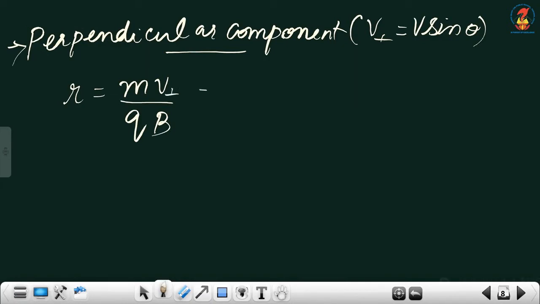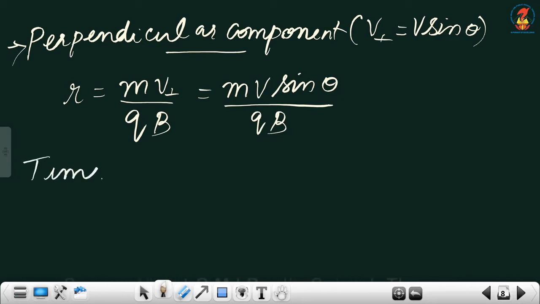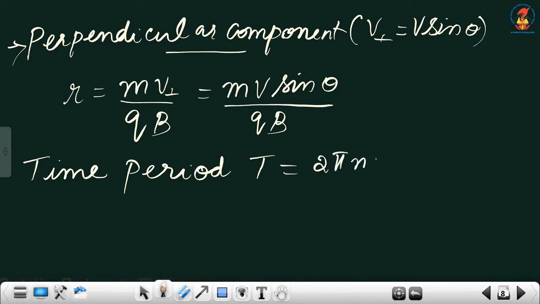So the equation becomes r equal to m v sin theta divided by qB, and the time period of revolution T is equal to 2 pi m divided by qB. Why? Because time period is independent of r or v. So there won't be any change, it will be a constant value.